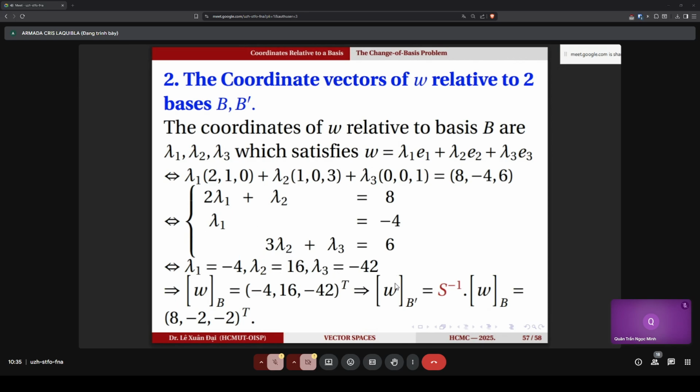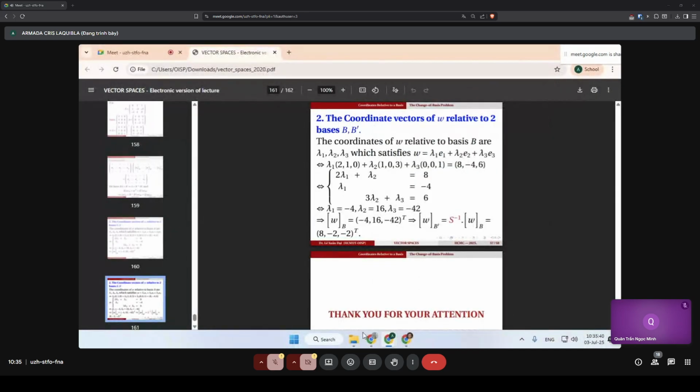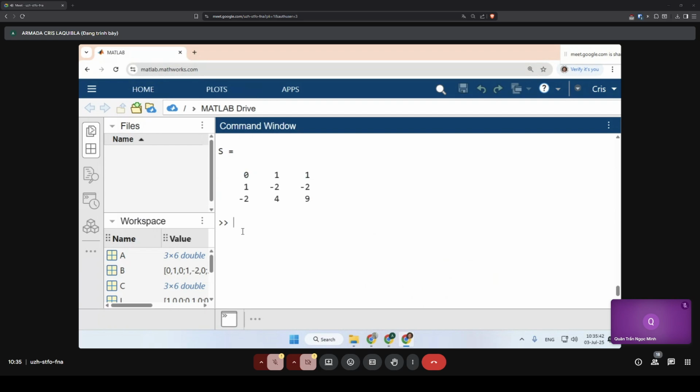The lambdas that you solve there are your WB prime. Just arrange it like this: negative 4, 16, negative 42. So this is the other way of solving it, because you have your WB already. You get the S inverse. In MATLAB, to get the S inverse, this is your S, right? Now partner that with I.